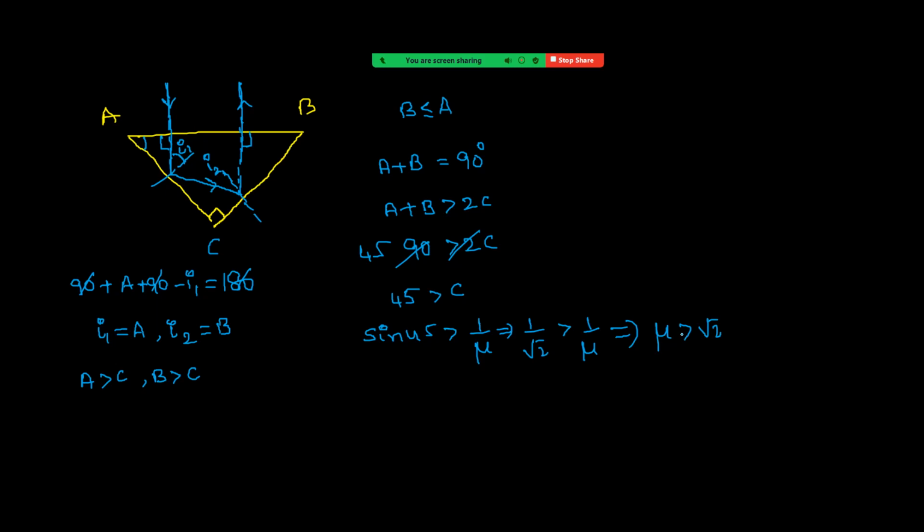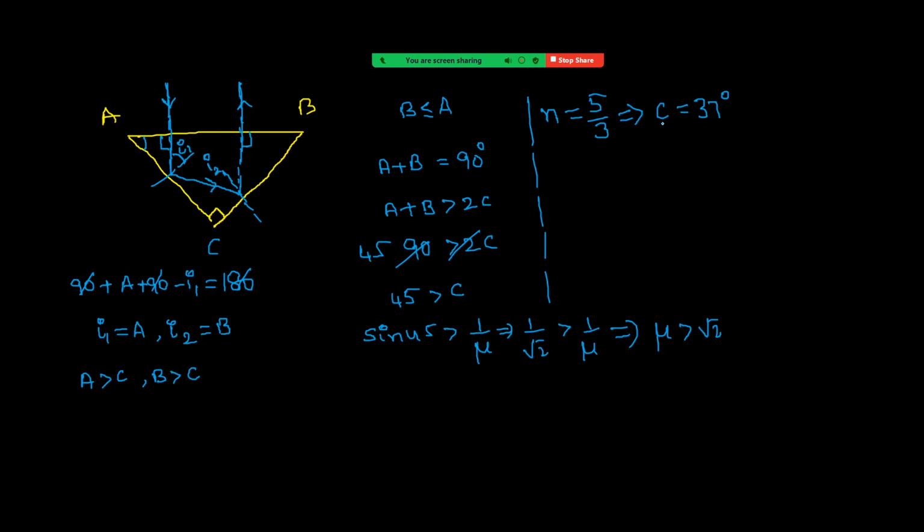Okay. Now see the second part. In the second part, given refractive index 5 by 3. So they have taken the notation n for refractive index 5 by 3. From this we can say the critical angle equal to 37, because sin C equal to 1 by mu means 3 by 5, right? 37.